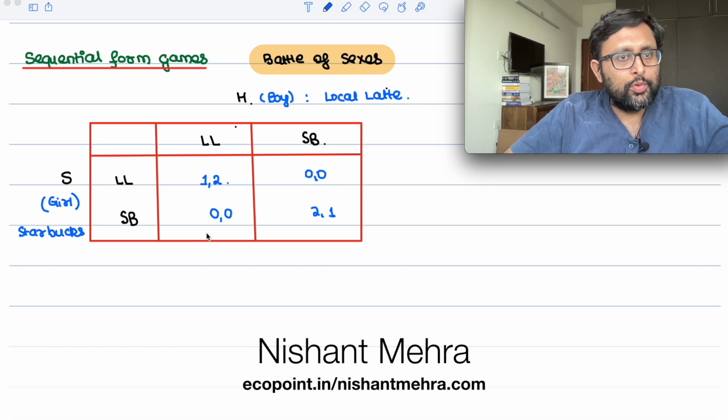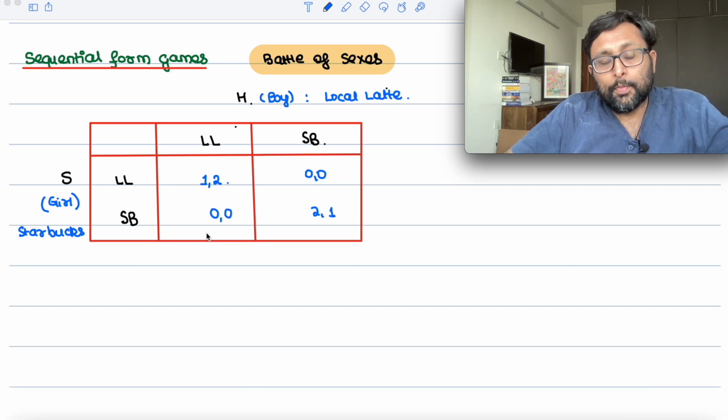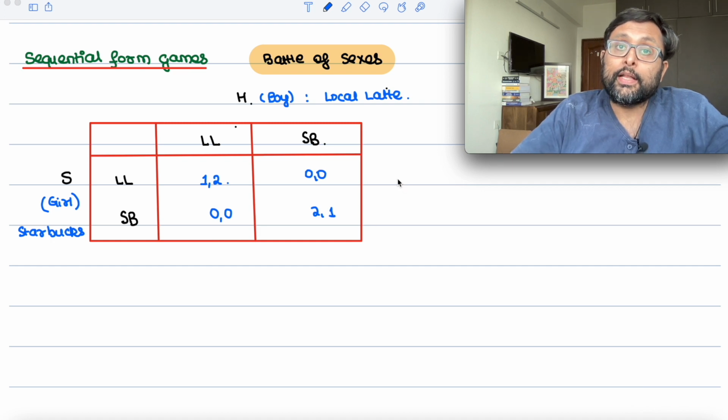So there are two individuals, one girl S and one boy H. Girl likes to go to Starbucks and boy likes to go to local latte, right? But both of them will be getting the utility only if both of them go together.